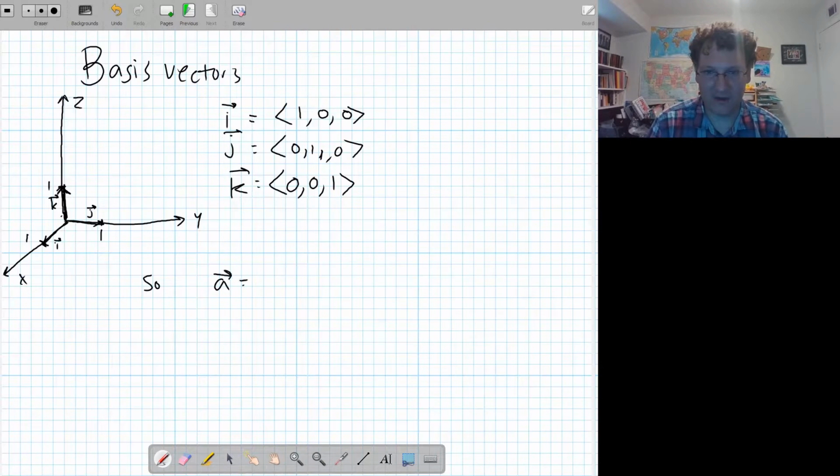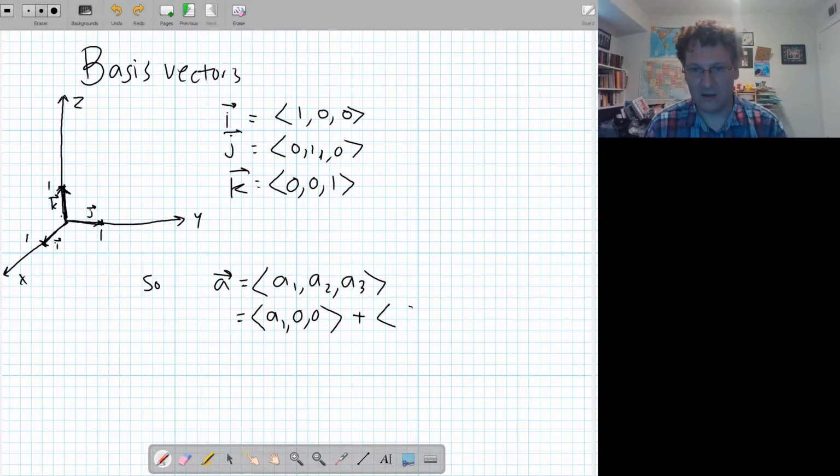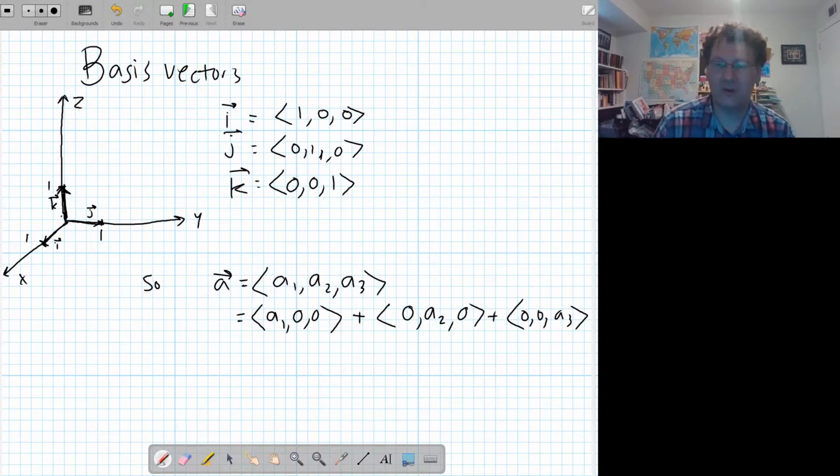So we can write vectors using these components. Vector A, A1, A2, A3, can be written as the sum of these 3 vectors, A1, 0, 0 plus 0, A2, 0 plus 0, 0, A3, right? You could express it when you add this component-wise. The zeros are just going to be 0 plus A1, 0 plus A2, and so forth. You can factor out the A1, the A2, and the A3 as scalars.